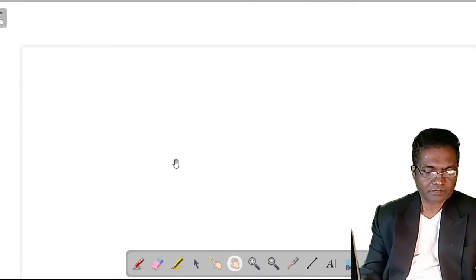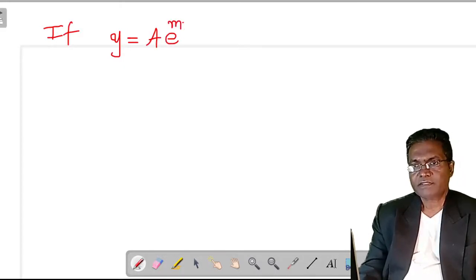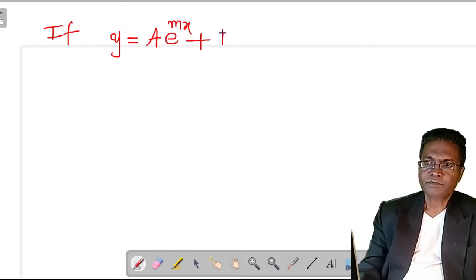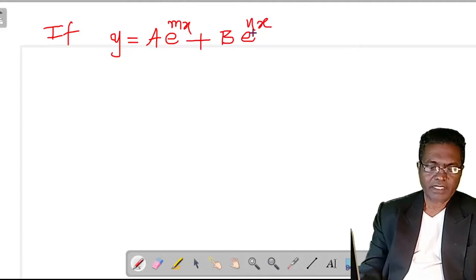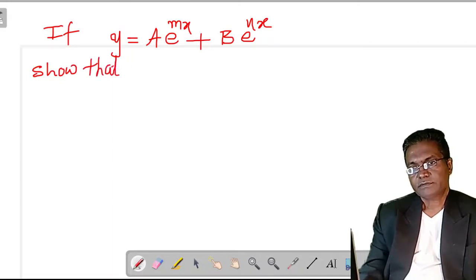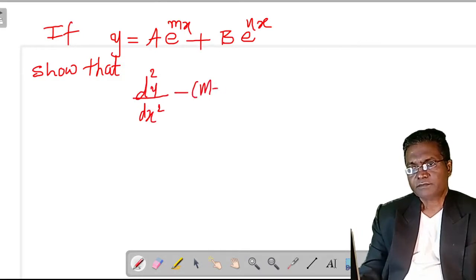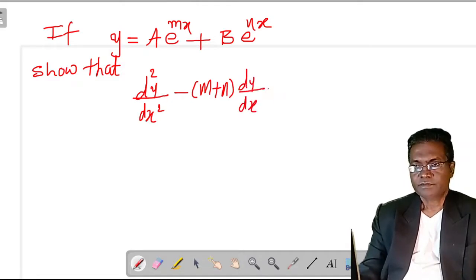This is from your solved example. If y is equal to a e power mx plus b e power nx, show that d square y by dx square minus m plus n into dy by dx plus mn y is equal to 0.